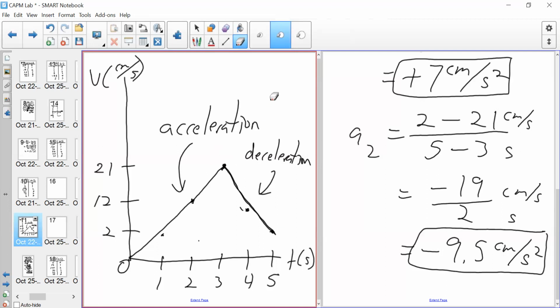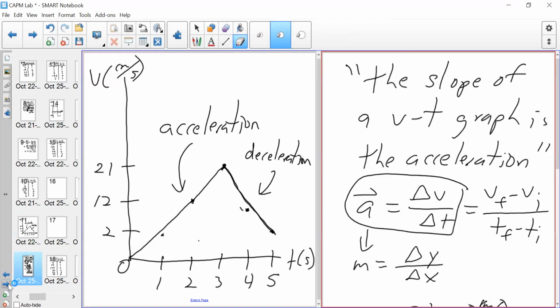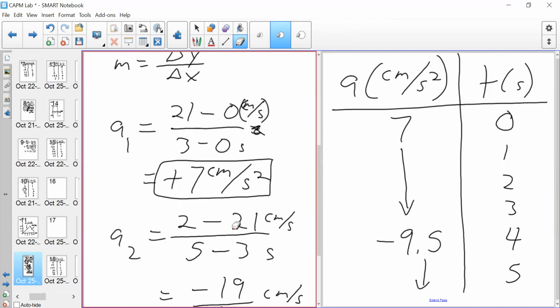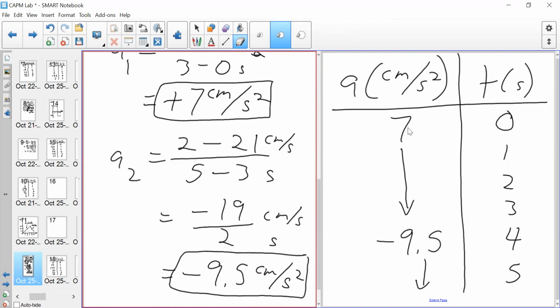So you're going to take the slope. Okay, 2 slopes, 1 positive, 1 negative. Once you have those slopes, in my case 7 and negative 9.5, I'm going to state that from 0 to 3 seconds, that was a positive slope.